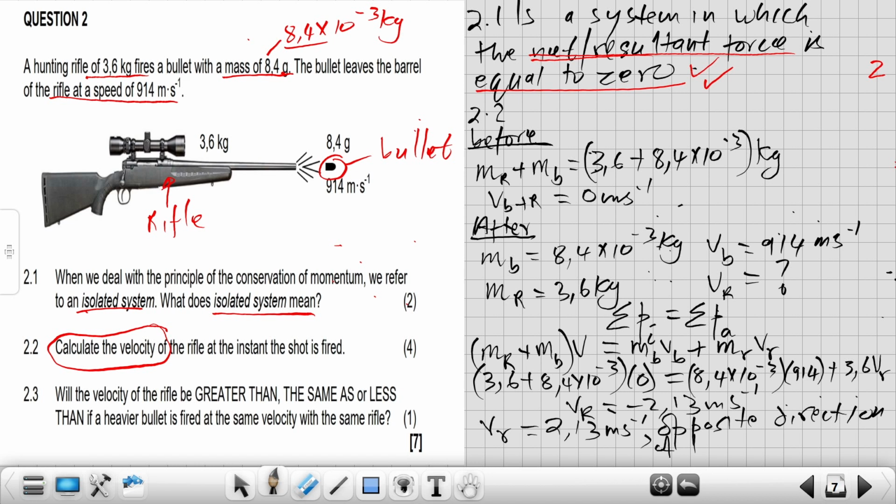Opposite direction of the bullet. So the negative sign is only there to emphasize a choice of direction. So basically our final answer should have now what? The direction at which the rifle is moving towards.